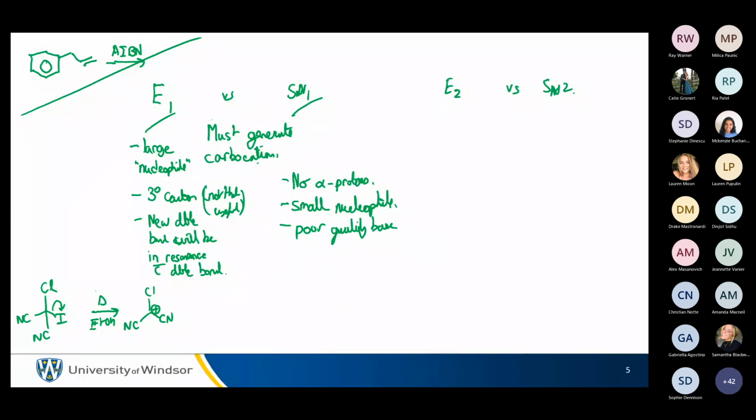And unsurprisingly, we see the same thing with the E2 and Sn2. Large bases tend to favor E2. Small nucleophiles favor the Sn2.